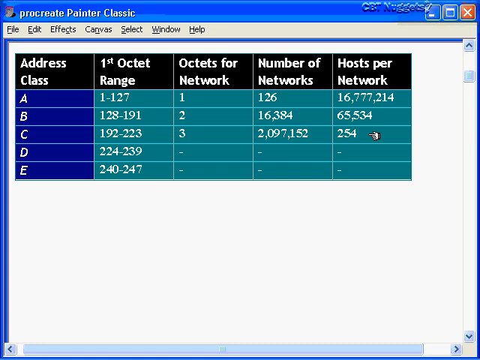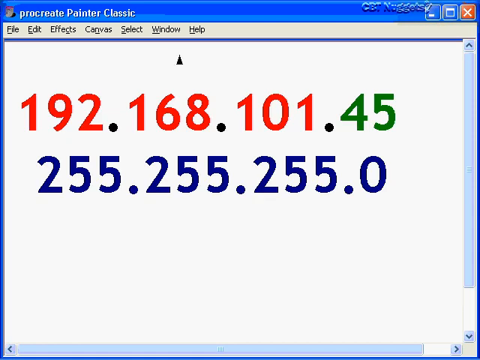Now think about it. If the first 3 octets represent the Class C network, and I'm going to talk about this because it's so common, that only leaves us 1 octet, or 8 bits, for our host per network. Let's jump to a Class C example real quick. Here's a Class C address. How do we know that? Because of the value of the first octet.